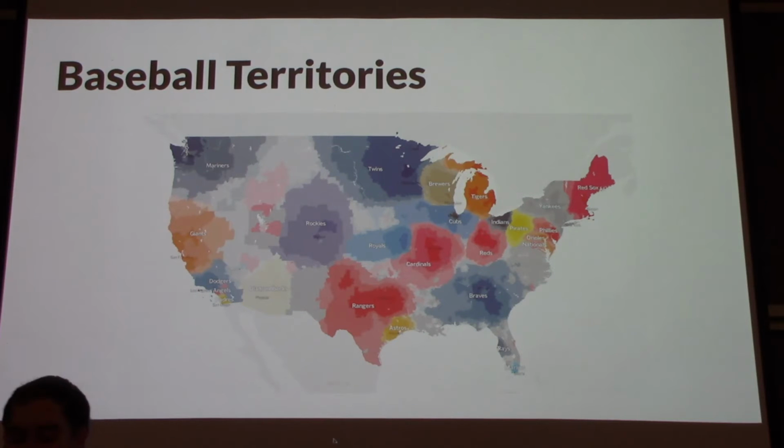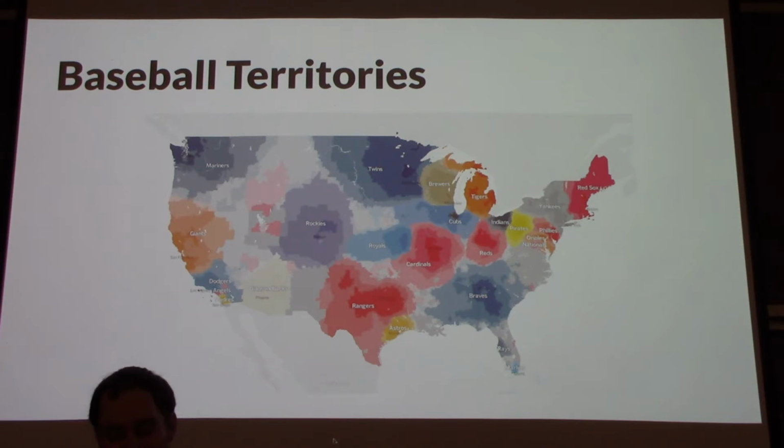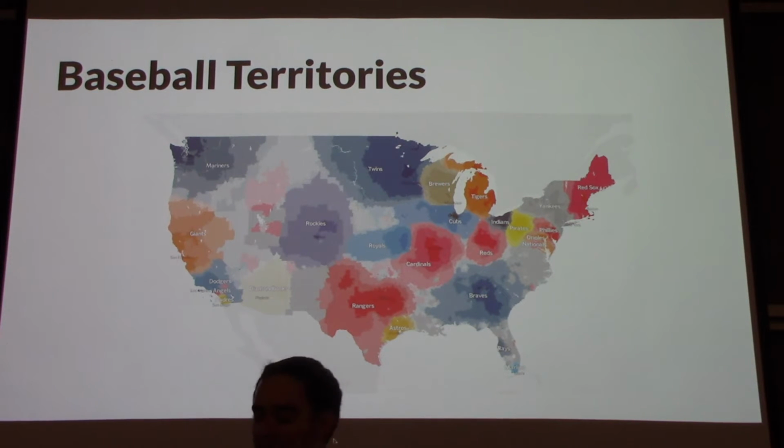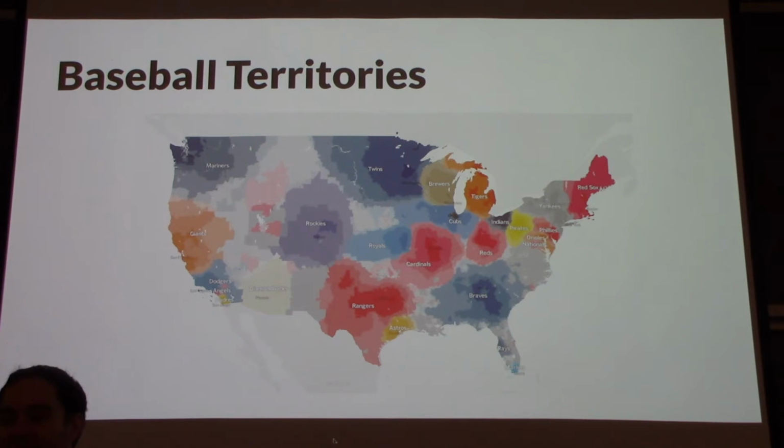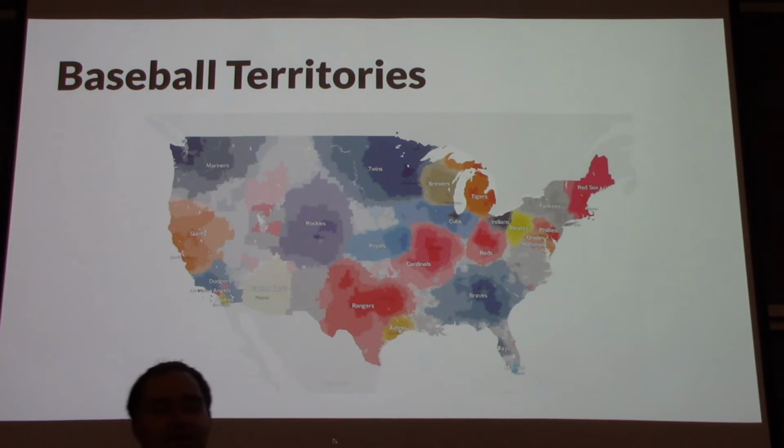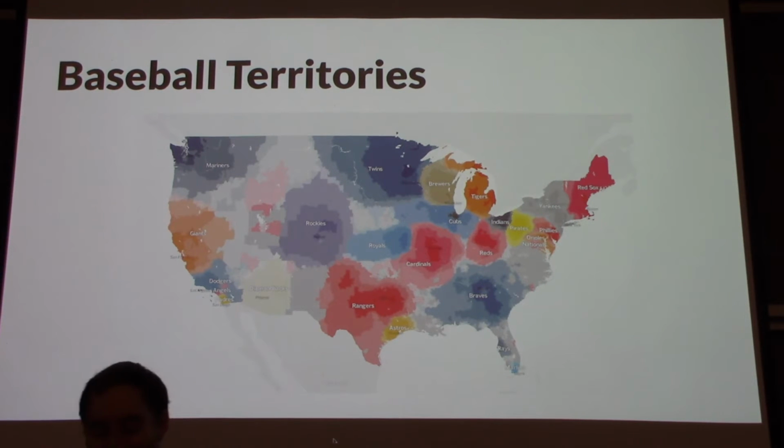You might have seen these baseball territories or sports territories, and I think they're really well done. These are maps of where in the United States, and partially also in Canada, people associate with a certain major league sports team. How they did that is they scraped public Facebook profiles by location, and then they looked at what their favorite teams are.